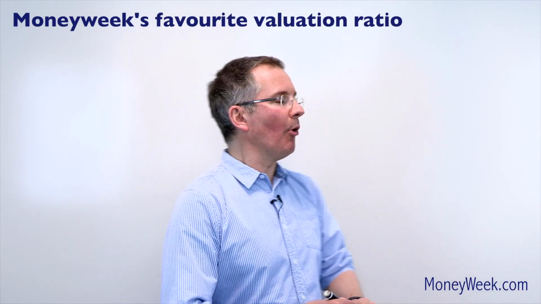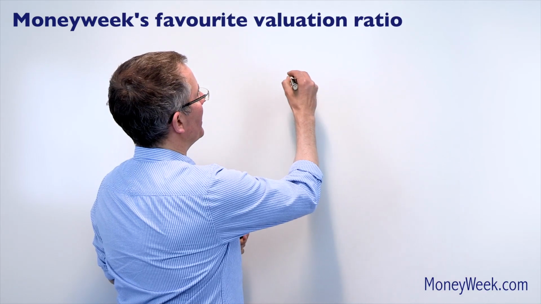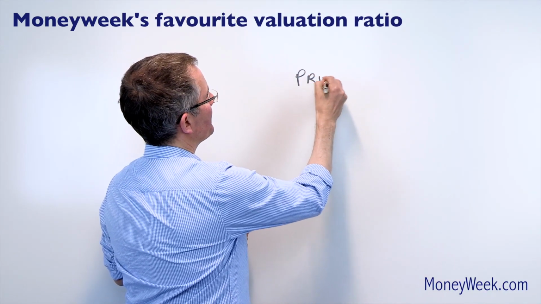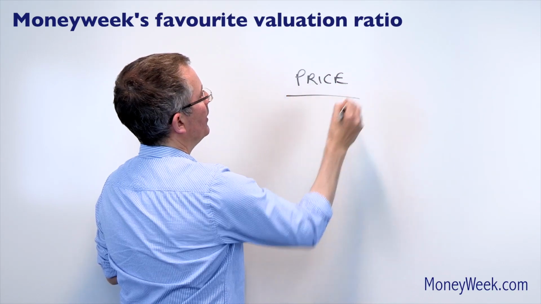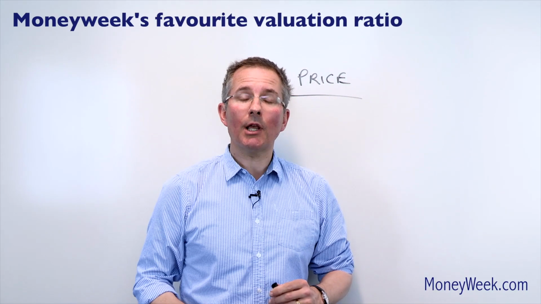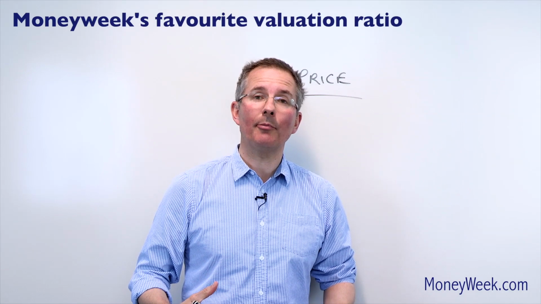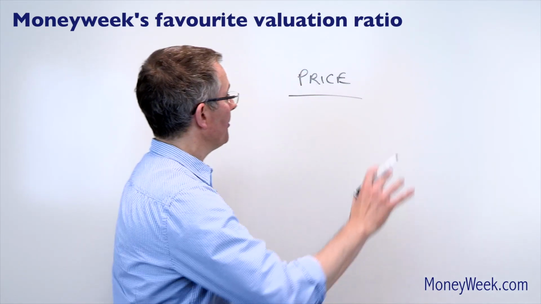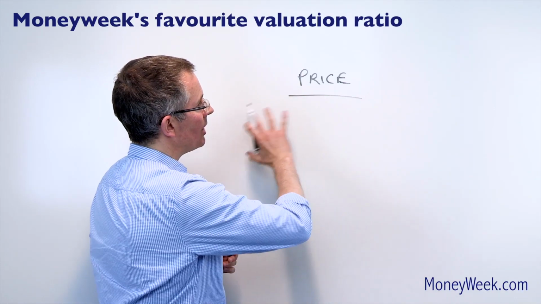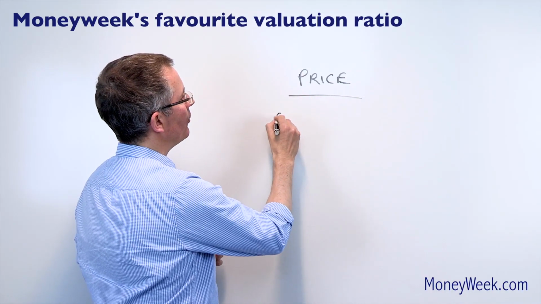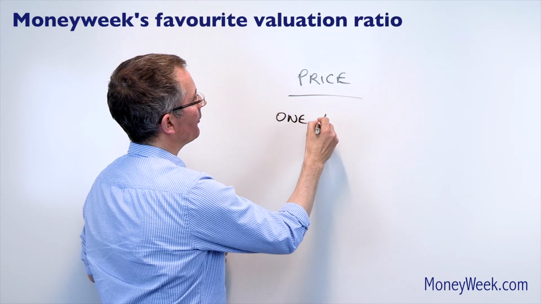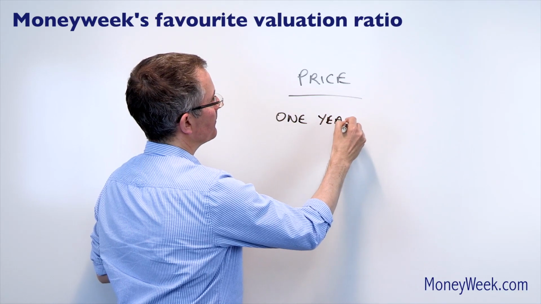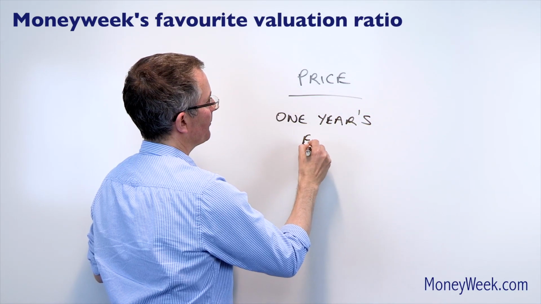Okay, so a normal PE ratio is basically the current share price for, well, this could be a company, but it could also be done on a sector basis. It can also be done on a sort of whole market or even country basis if you can get the data. But let's say it's individual companies, so it's the share price compared to 1 year's earnings.